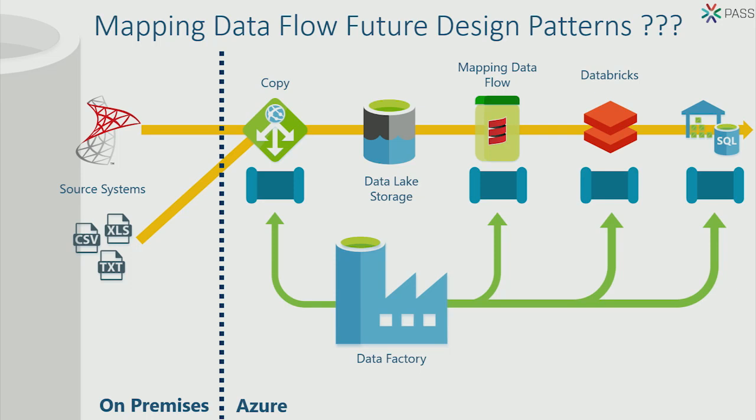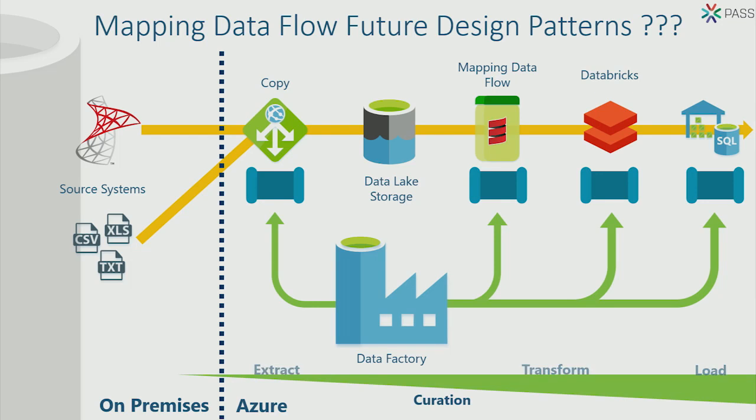Sure, I don't mind, this is food for thought. And of course, the goal is curation of your data, and then maybe we are loading it into some data warehouse at the end.